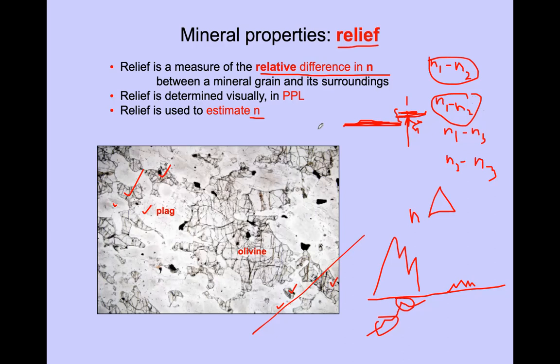Otherwise, the light ray will be distorted, right? If it is distorted and comes to the eyepiece or the ocular, then you will see some strange color, right? So that will make it difficult to identify minerals. Therefore, everybody must see the same color.